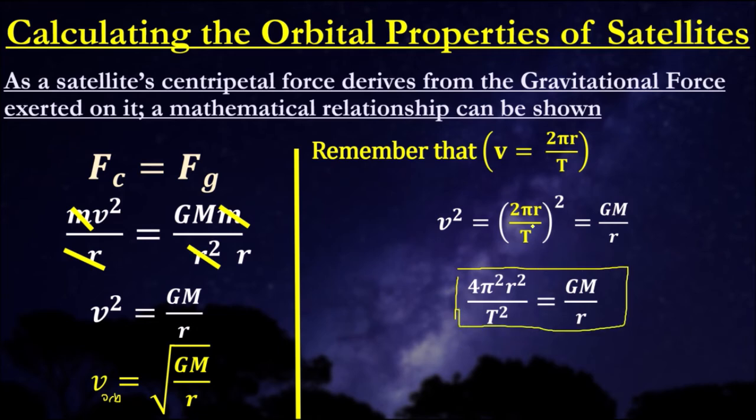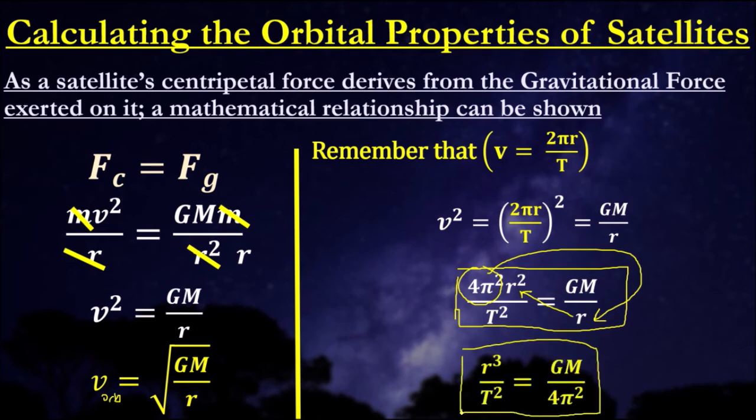Now, we already have T squared, so we just need to rearrange to get r cubed over here, and we can move the 4 pi squared down here. And there you go. This encompasses Kepler's law on this side here, and it takes into account Newton's law of universal gravitation.